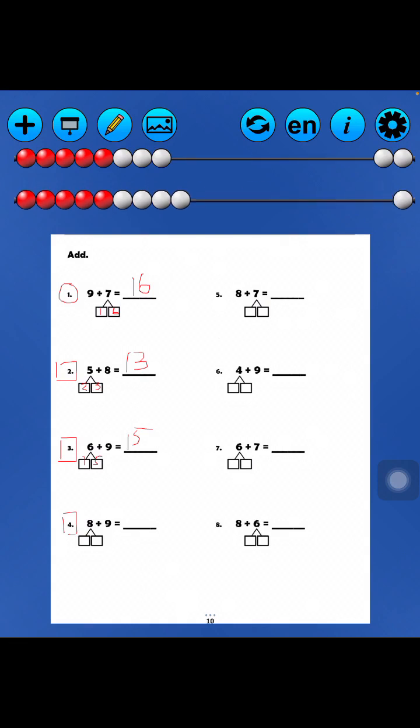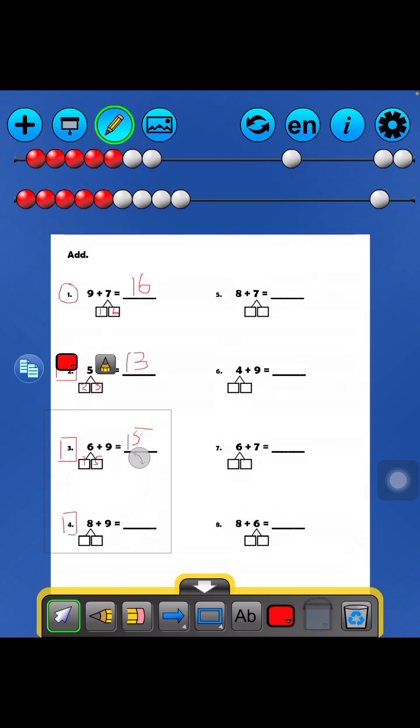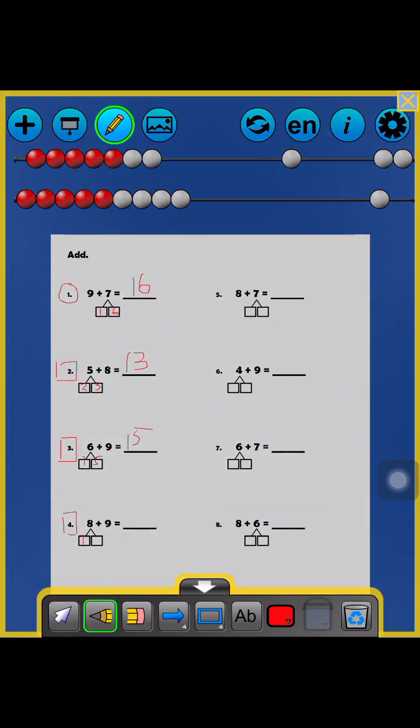Now you can see that if we move 1 more bead to the left in the second row, it can become 10. So in the first row, we split the 8 beads into 2 parts. One part is 1 and the other part is 7. So 8 is split into 1 and 7.